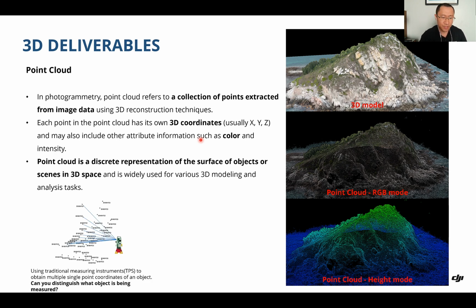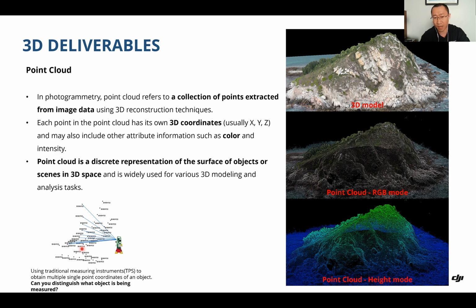And it's very interesting. So why is the point cloud so important? I have attached a case where, for example, we use a traditional measuring instrument, a total station here, to obtain multiple single points on an object. But can you distinguish what object is being measured?